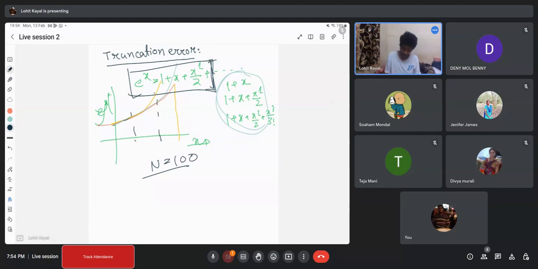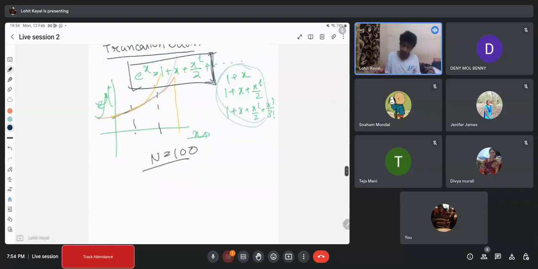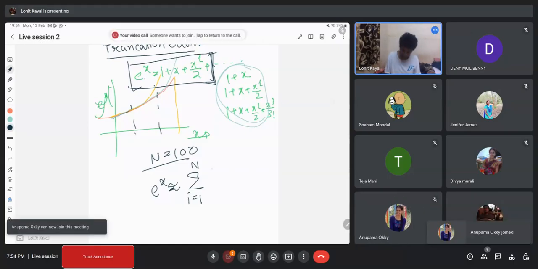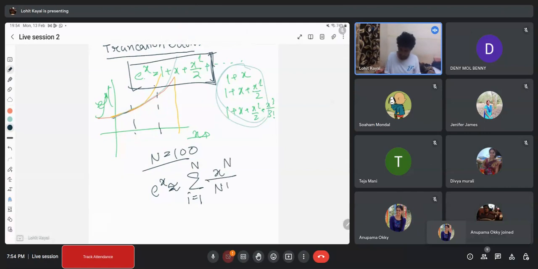Then what will be my truncation error? Suppose n equal to 100. How can I express this in terms of summation? Our approximation is the sum for i equal to 0 to n of x to the power i by factorial i.